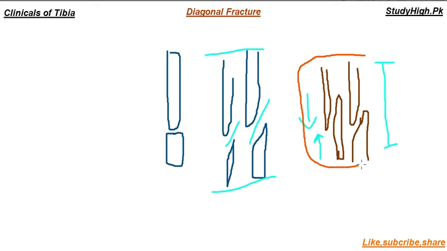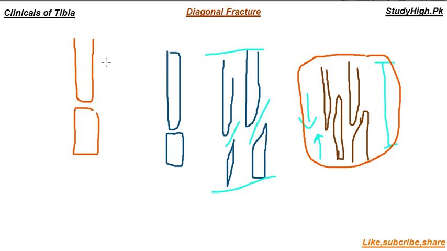The most common site of diagonal fracture is the middle one third, the junction of the middle one third and inferior one third, which is simply the commonest site of breakdown or fracture of the tibia. Diagonal fracture mostly occurs at this site, and it also results in shortening of the limb of the patient involved.